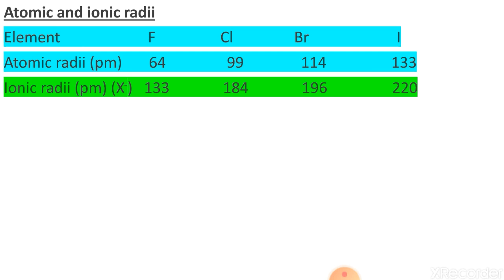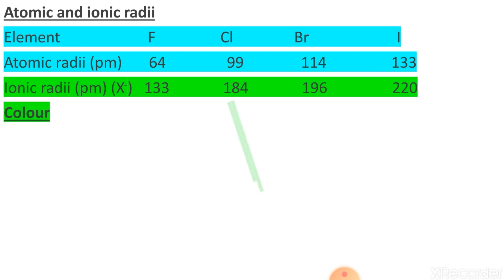So the ionic radii also increase down the group. The values given here are 133, 184, 196 and then 220 picometer. So this is all about the ionic and atomic radius of halogens. Again, focus that from left to right the nuclear charge increases, that's why the size of halogens is lowest in their respective periods.